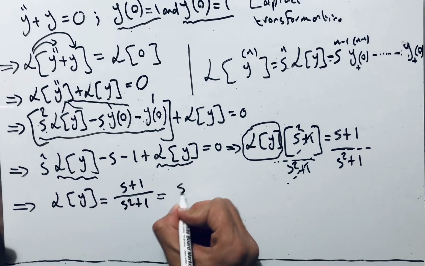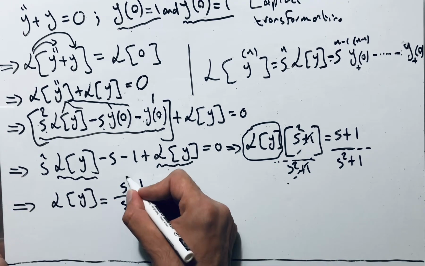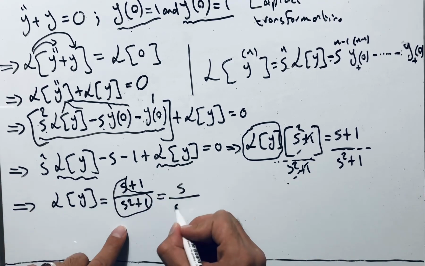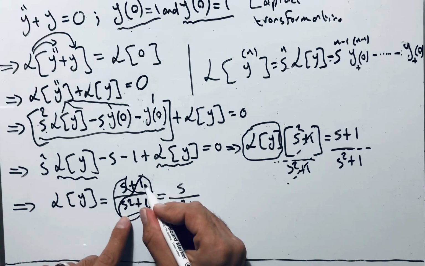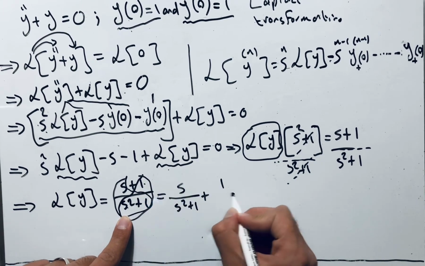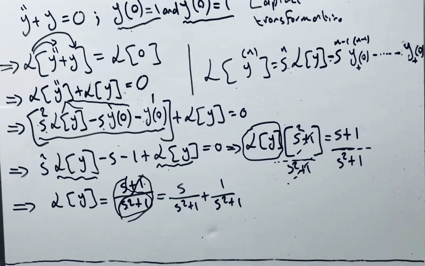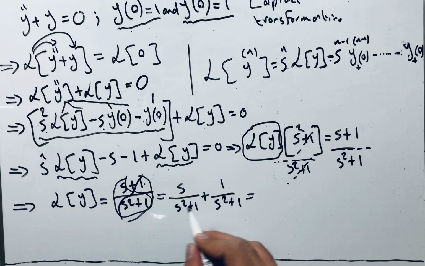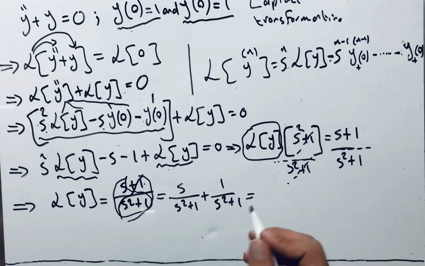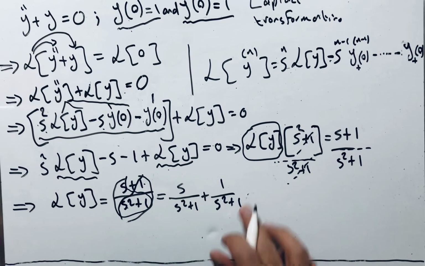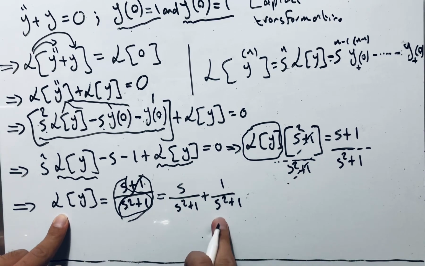So this becomes s over s squared plus 1, and then 1 over s squared plus 1. Now I can actually recognize these two. They are the Laplace of cosine and sine. So right here we have the Laplace of y being equal to this.